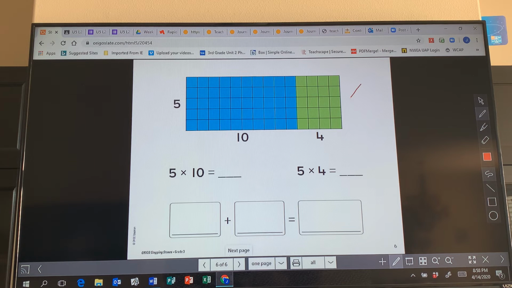Because remember, there's still 5 on this number of rows, correct? All right, so 5 times 10 equals 50, and 5 times 4 equals 20. So I add up my 2 partial products, and I end up with my final product of 70. All right? Okay, so that gives you a little insight on how you can solve today's problems.